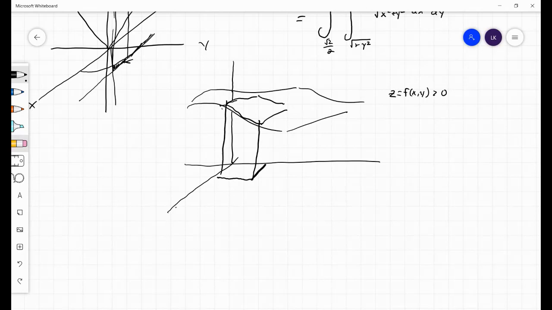Yeah, I need to redraw that. Okay, so we're trying to find the volume of this object. You can think of it as you have a differential amount of area in the xy plane, and then you multiply that by a height given by the value of the function.